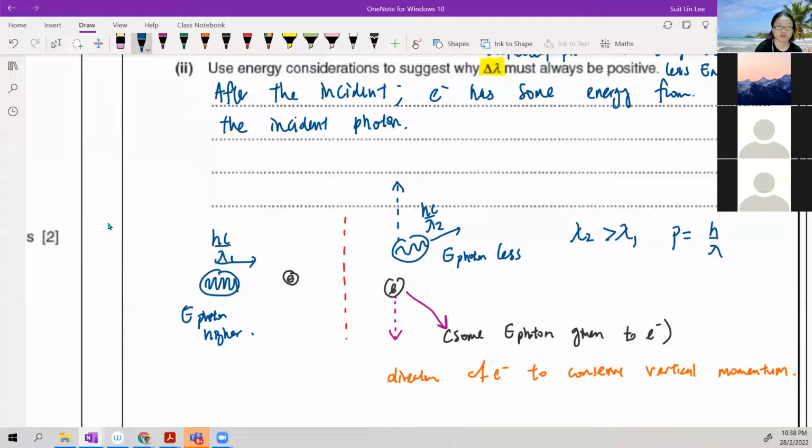Because they say use energy consideration, you cannot talk about momentum, okay? So from here, I just need to say the electron has some energy. The second thing I will say is from conservation of energy, the photon loses energy, or the photon has less energy.